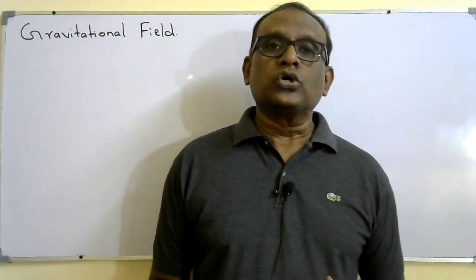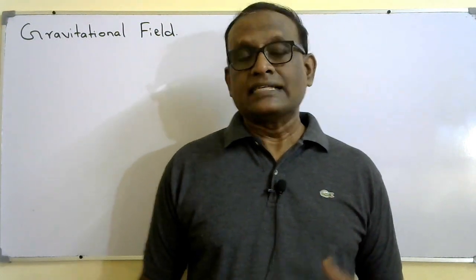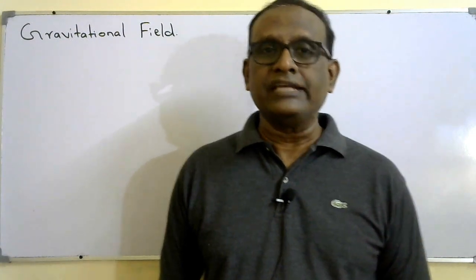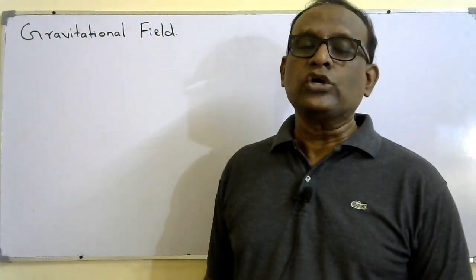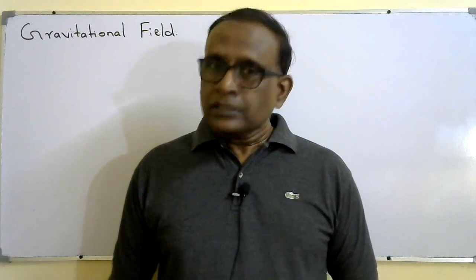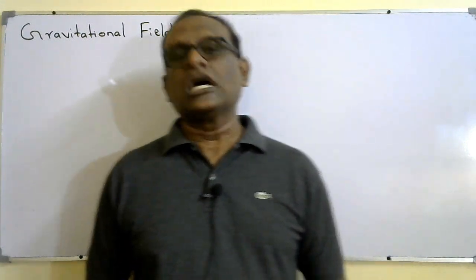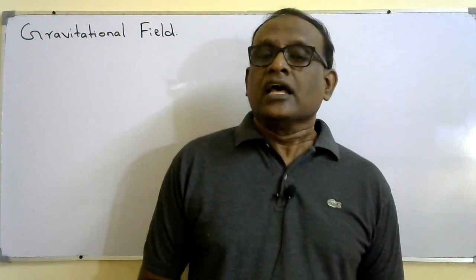Next you should know how to define the strength of the gravitational field, which is called gravitational field strength, and it is denoted by the symbol g. You can compare this with electric field strength. How do we define the electric field strength?